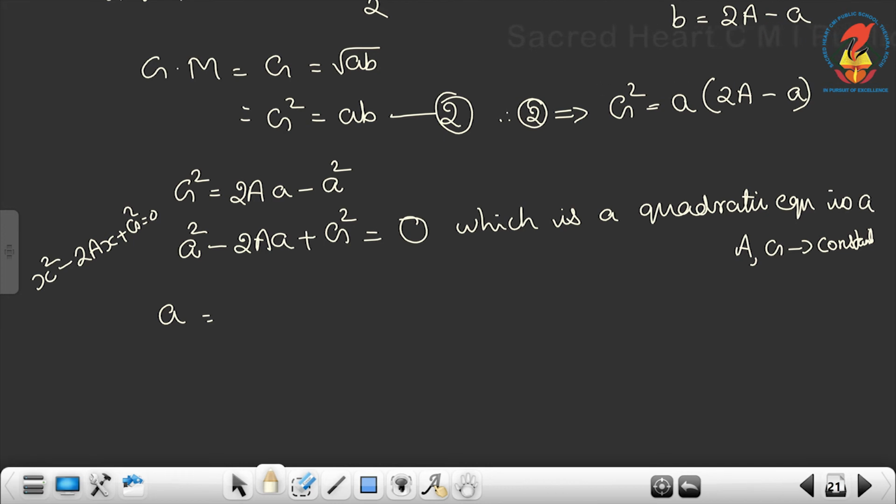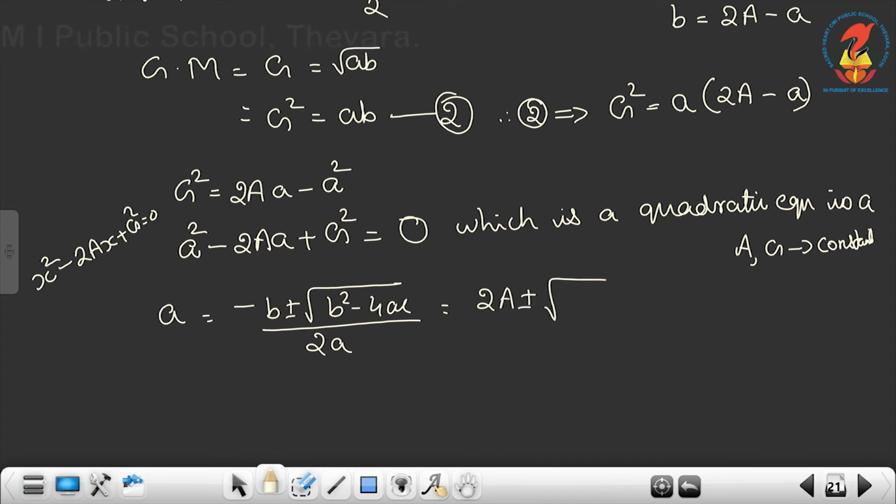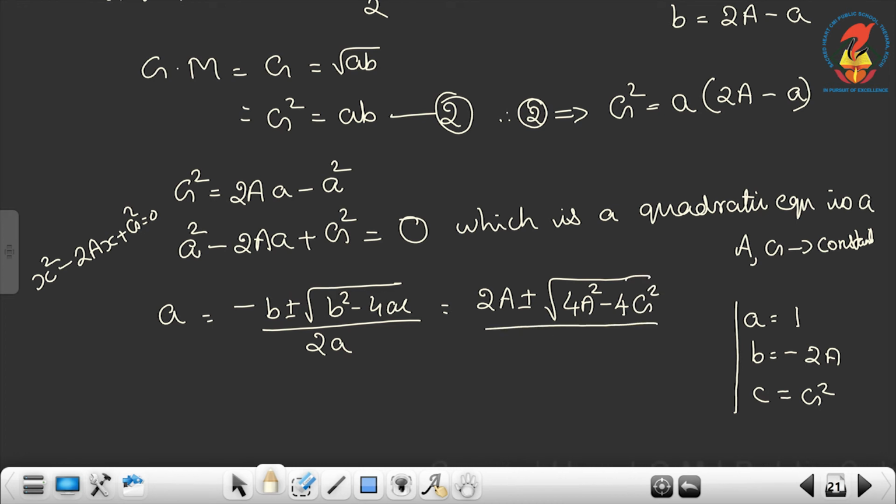So how to find x? The quadratic formula: minus b plus or minus root of b square minus 4ac, by 2a. Here the first coefficient is 1, b is minus 2A and c is G square. So b square is 4A square, minus 4ac is 4G square, by 2.